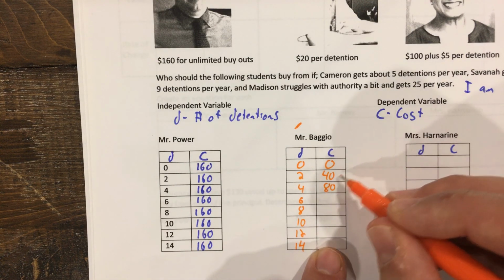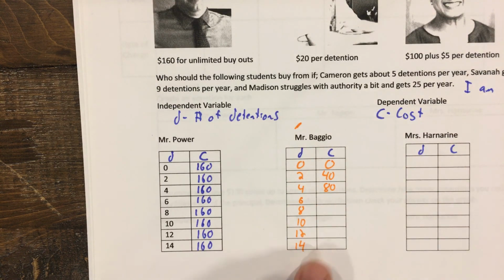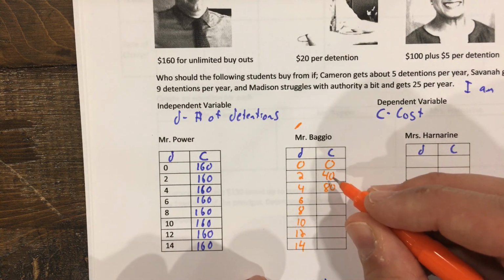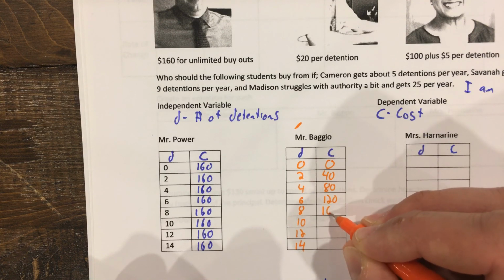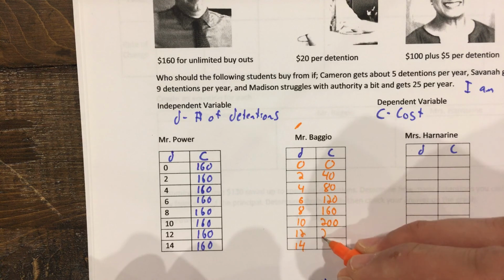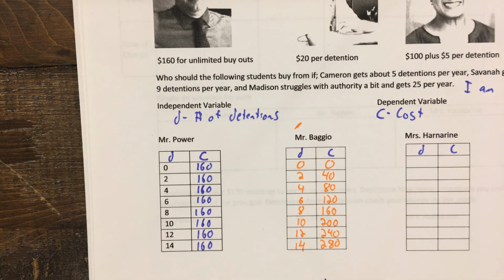Okay, we're always going up by 40 because we're always going up by 2 detentions. And 2 detentions cost $20, $20, $40 each. So now we can just follow our pattern: 40, 80, 120, 160, 200, 240, and 280. Okay?